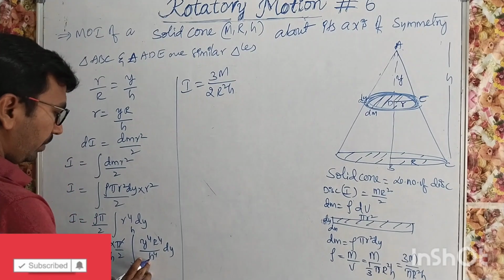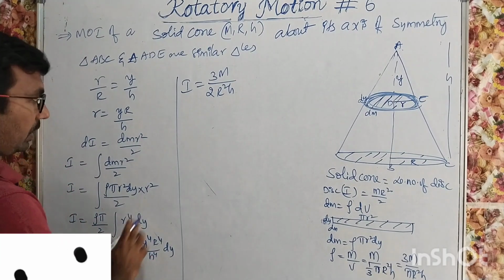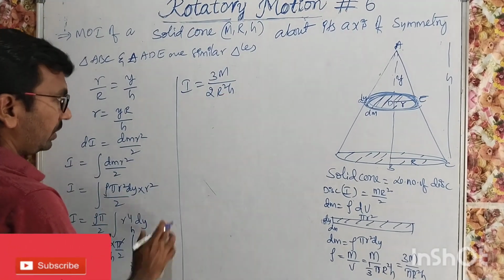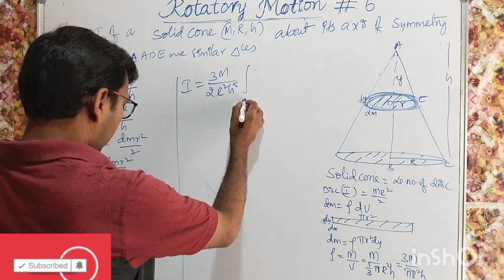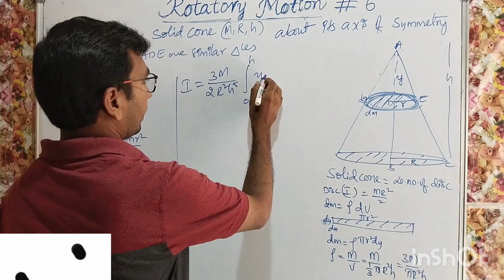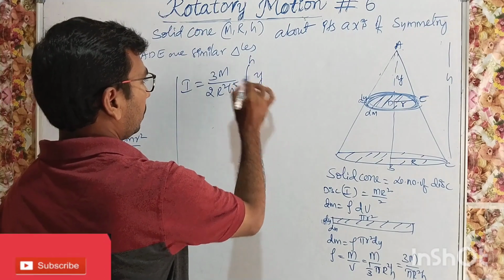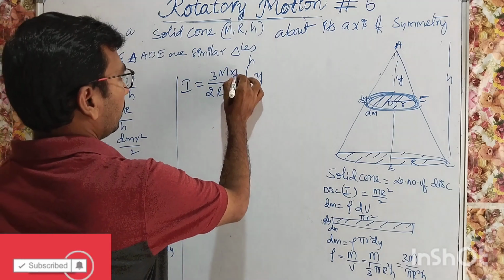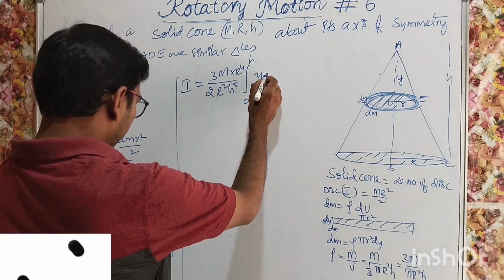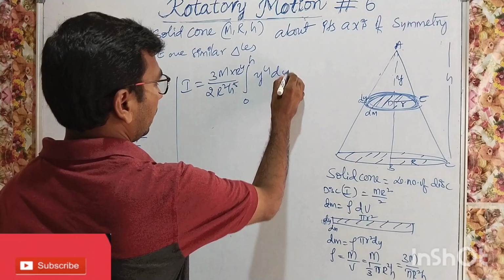So h is also common here: one h is there, h to the power of 4 is there, that is h to the power of 5, integration 0 to h, and r to the power of 4 is also common. So remaining is y to the power of 4 dy.